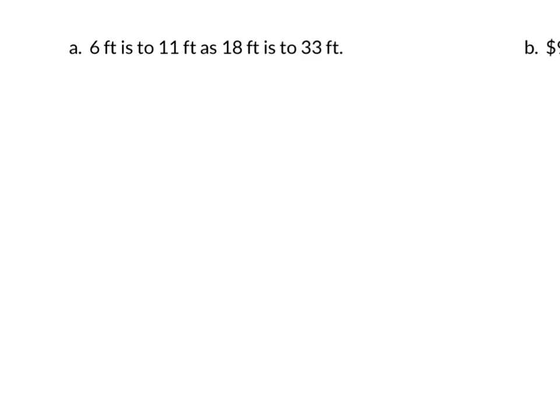So our first fraction, our first ratio, is 6 feet is to 11 feet. Remember that with ratios, we do not need to include units, so we can write this as just 6/11. The word as represents our equal sign.